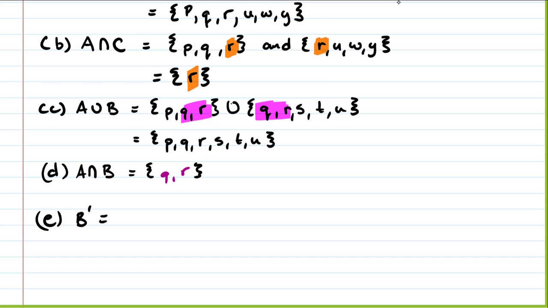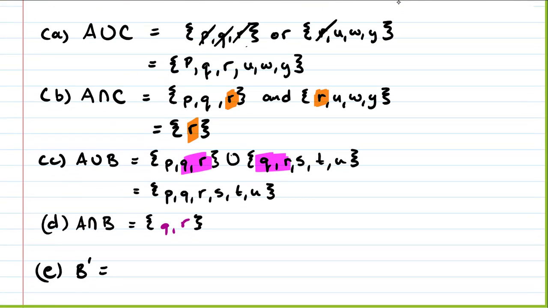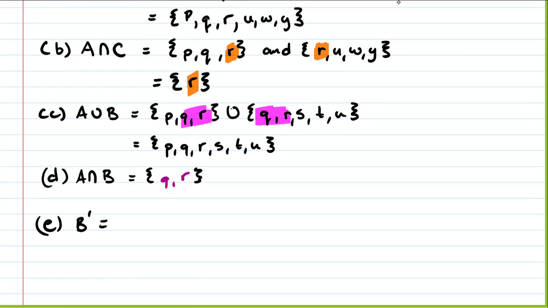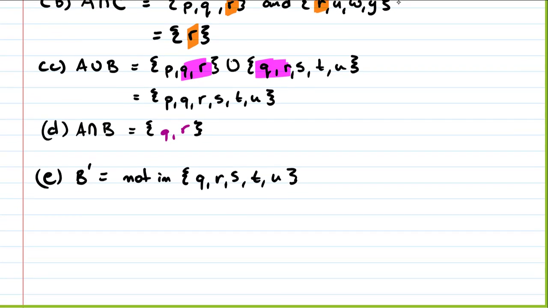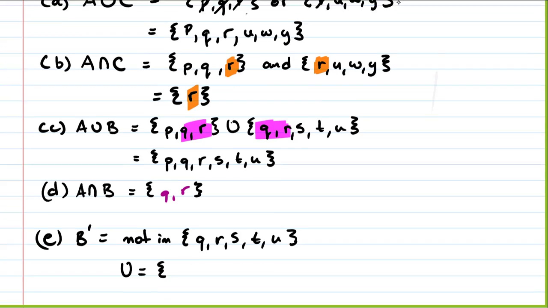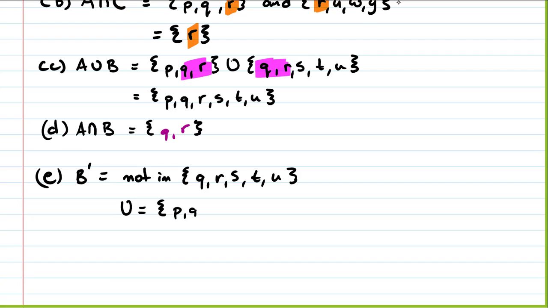So B prime is the set of all things that are in the universe that are not in B. So we want the things that are not in Q, R, S, T, and U. So our universe was equal to P, Q, R, S, T, U, V, W, X, and Y. That's our universe, right?